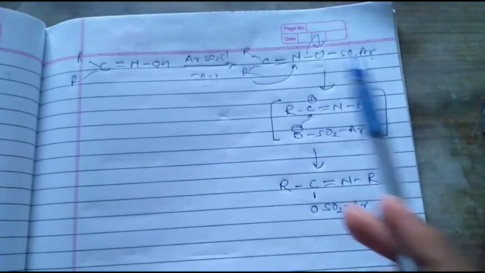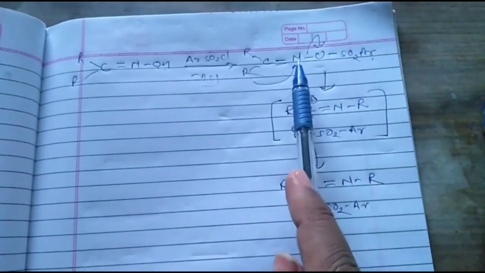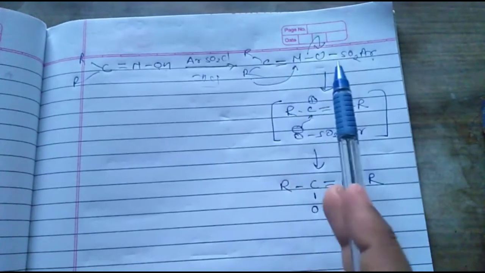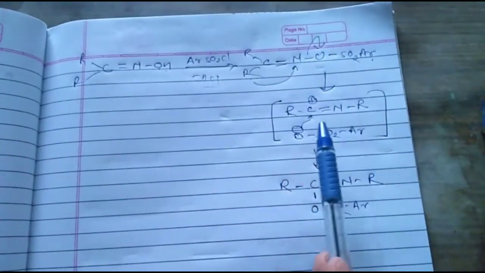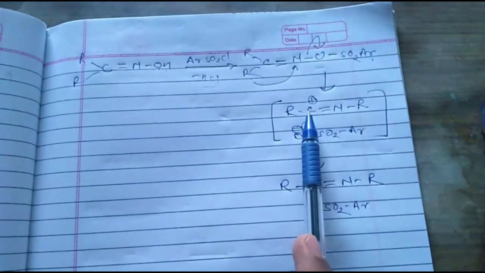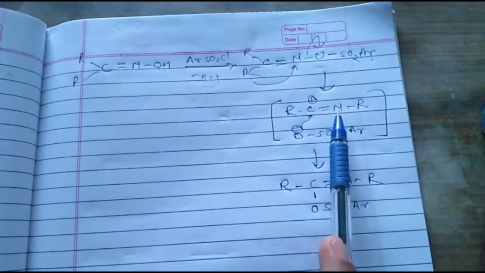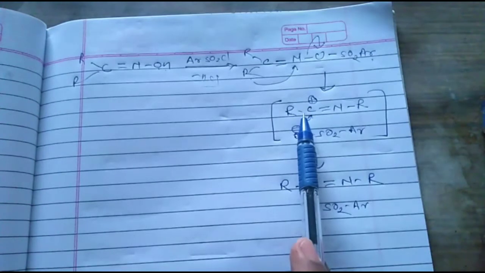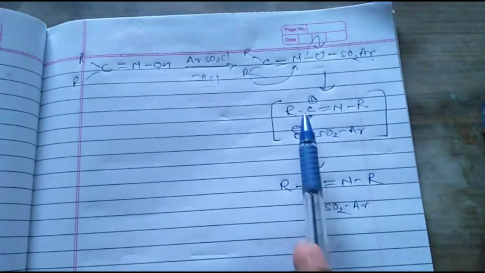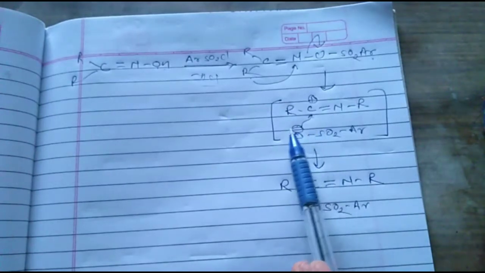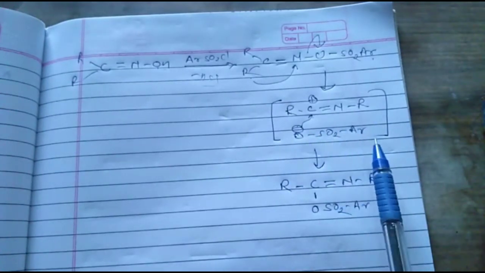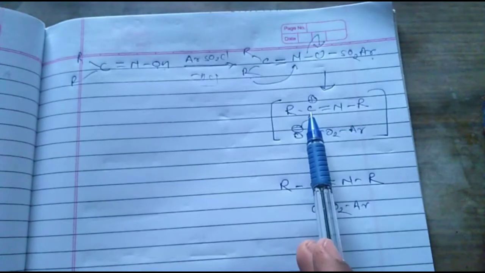What happened here? First of all, this OSO2Ar is attached to this nitrogen. Then after rearrangement of this R group, this OSO2Ar gets removed in this manner, and this carbon becomes what? Positive charge. That is called the N-alkyl, or sorry, N-alkyl nitrilium cation. After the formation of this reactive intermediate, then again the leaving group, that is OSO2Ar, is attached to this carbocation.